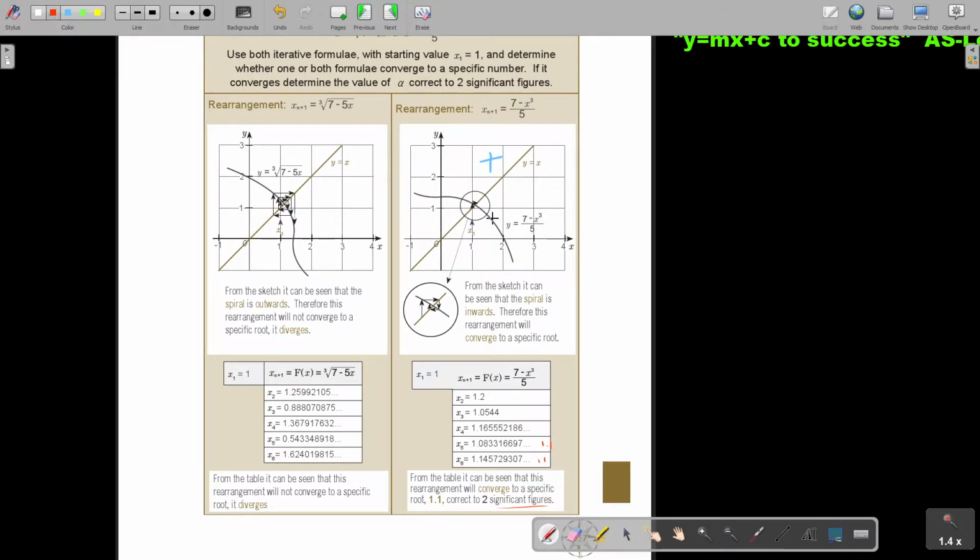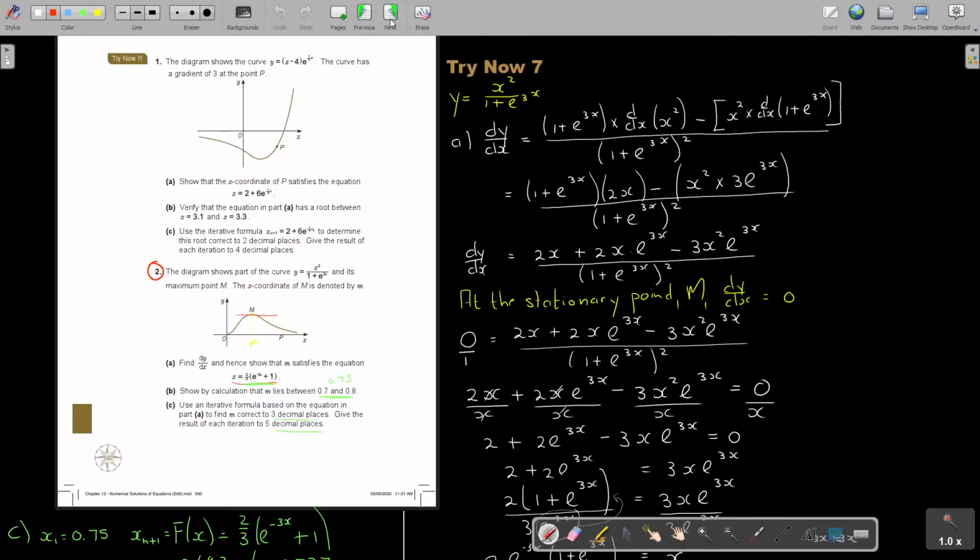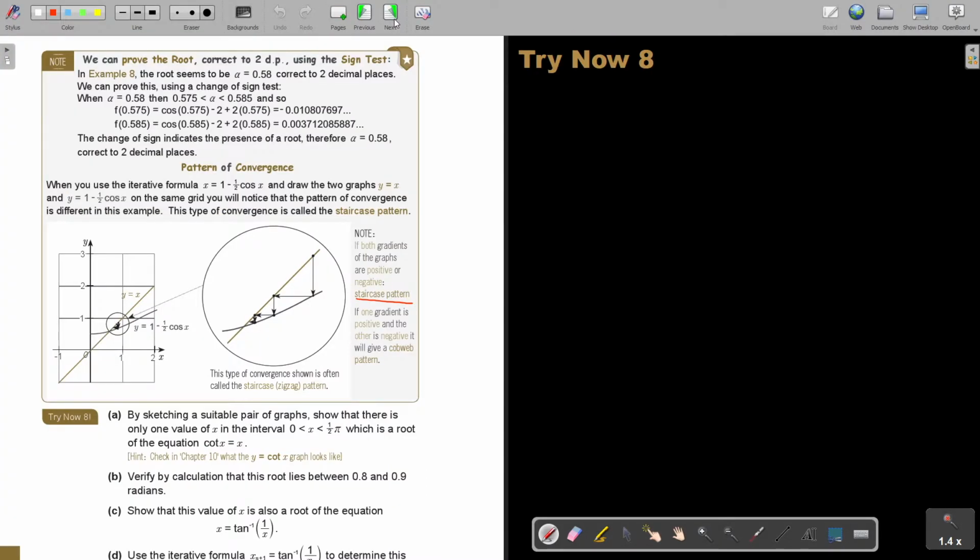If you look at this graph, the gradient was negative because it's downhill. And then you get this pattern, the spiral, the cobweb. So it's going in the form of a circle. Otherwise, as I showed you, when the gradients are the same, you get this staircase or zigzag pattern, just to take note of.